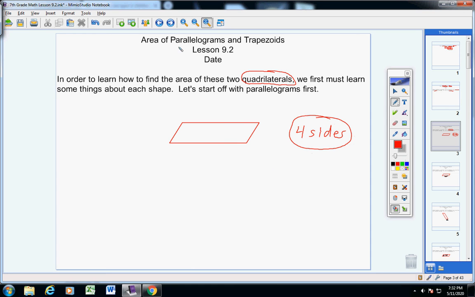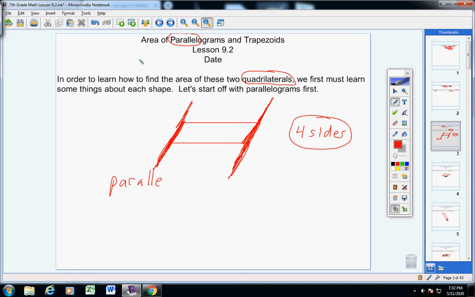Now it's called a parallelogram because the sides opposite to each other, those 2 sides there, will always be parallel. That means they run the same direction. If you were to extend this side here and make it go on and on forever, and extend this side here and make it go on and on forever, these 2 sides here would never intersect.